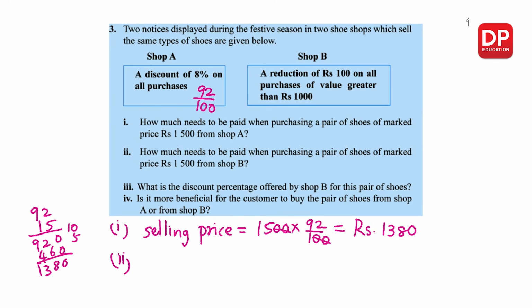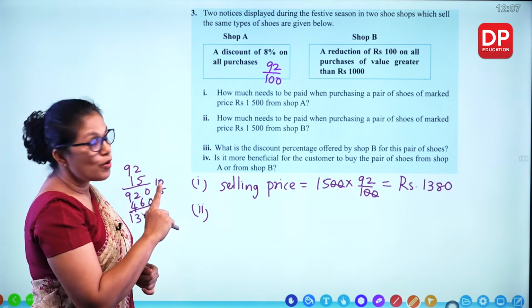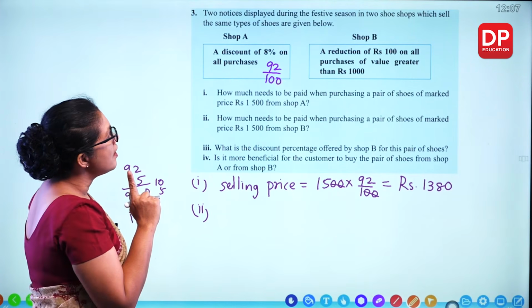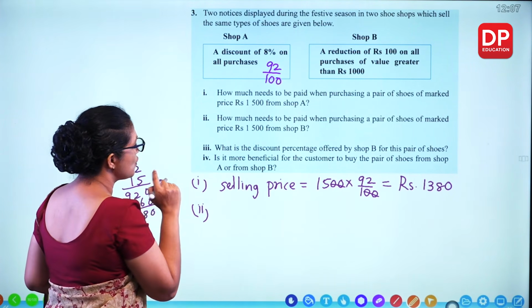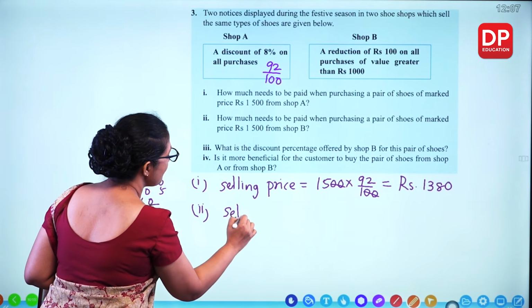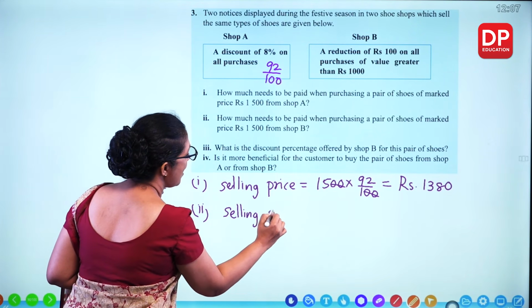How much needs to be paid when purchasing a pair of shoes of marked price worth 1500 from shop B? So this is more than 1000, so reduction of 100 rupees from shop B. So what's the selling price?